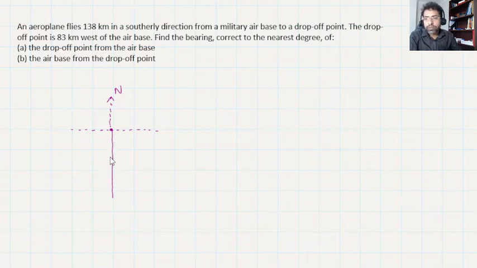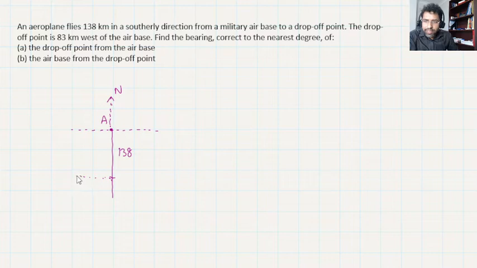Now if you come down by 138, so let's say this is our 138 kilometers, and then it's going to the drop-off. So this is the starting point, which is the airbase, and this is the drop-off point. The drop-off point is 83 kilometers west, so it's going first 138 towards south, and then 83 west.